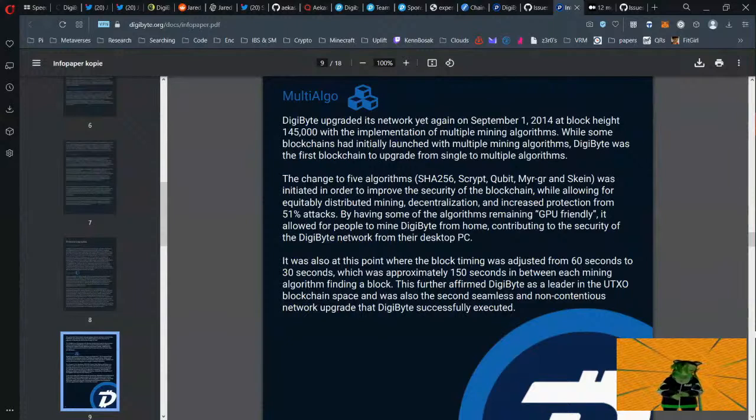When DigiByte did this multi-algorithm thing, it really was a game changer, because the idea of one coin on multiple algos had been done, but it had tons of double spending problems, max value overflow errors, double assignment ordinal numbers, floating point blockchains, or I like to call it floating block point. That's where the actual blocks are floating, so you might skip numbers and go from, say, 5 to 12 on whatever the block number actually is. And then you can also get weird outputs from there, sometimes a dot one, dot two, stuff like that.